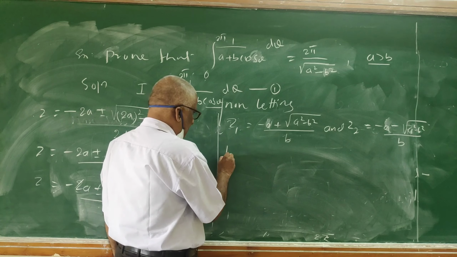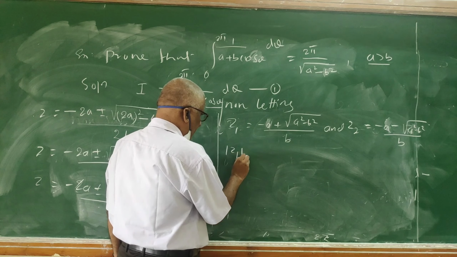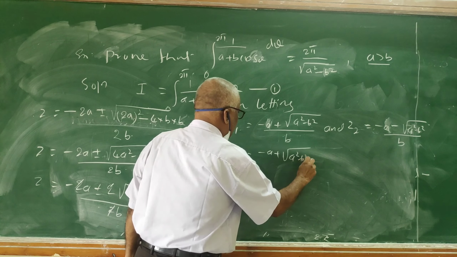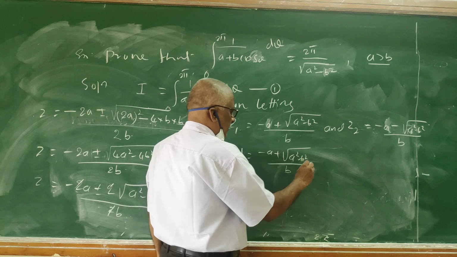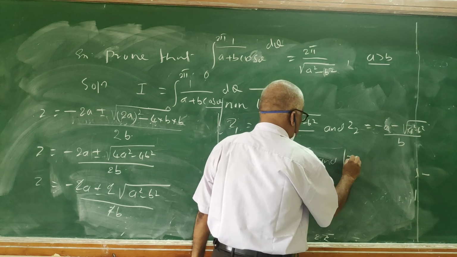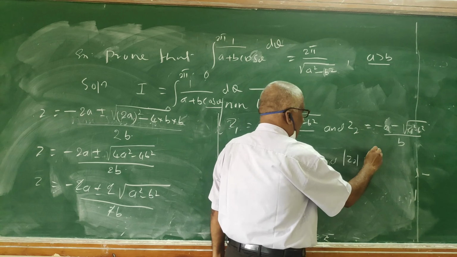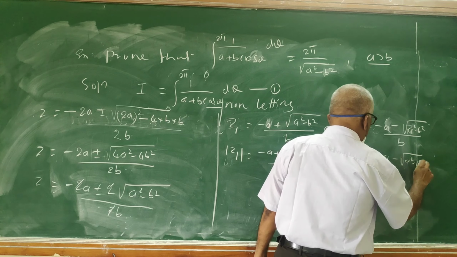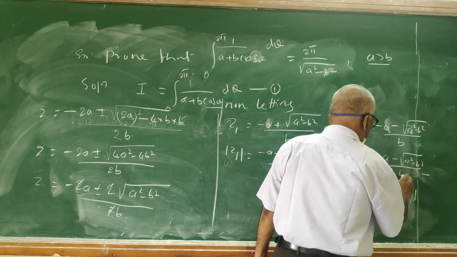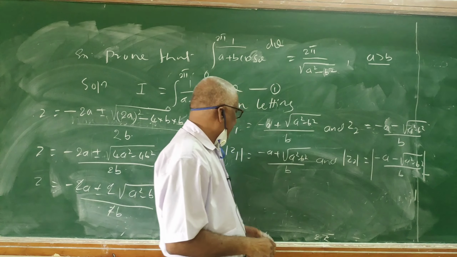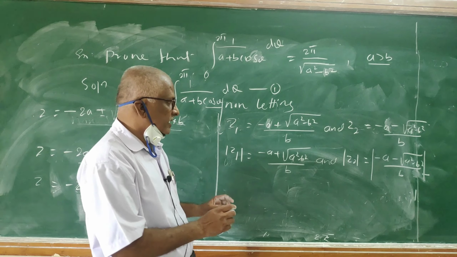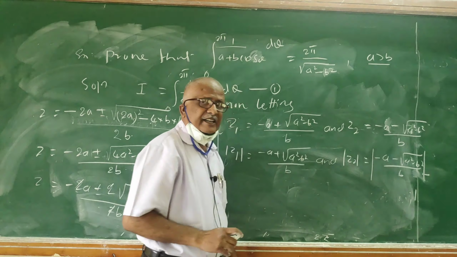Now take modulus here, therefore mod z1 equal to minus a plus square root of a square minus b square divided by b, and mod z2 equal to modulus of minus a minus square root of a square minus b square divided by b. Comparing here z1 and z2, under modulus these always become real quantities.